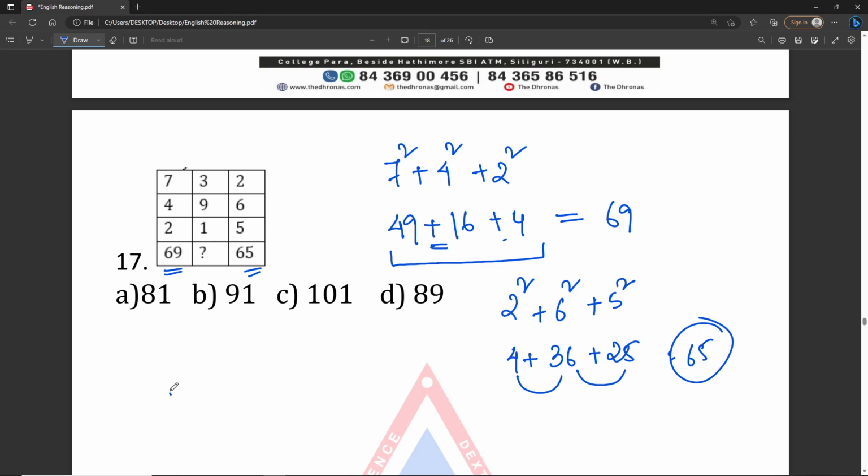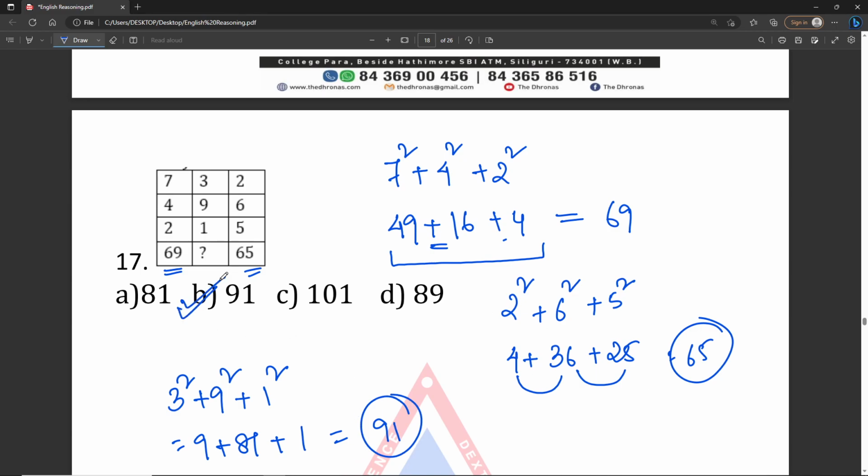So 3 square plus 9 square plus 1 square, that is 9 plus 81 plus 1. 81 plus 9 is 90, 90 plus 1 is 91. So the answer for this question is option B, 91.